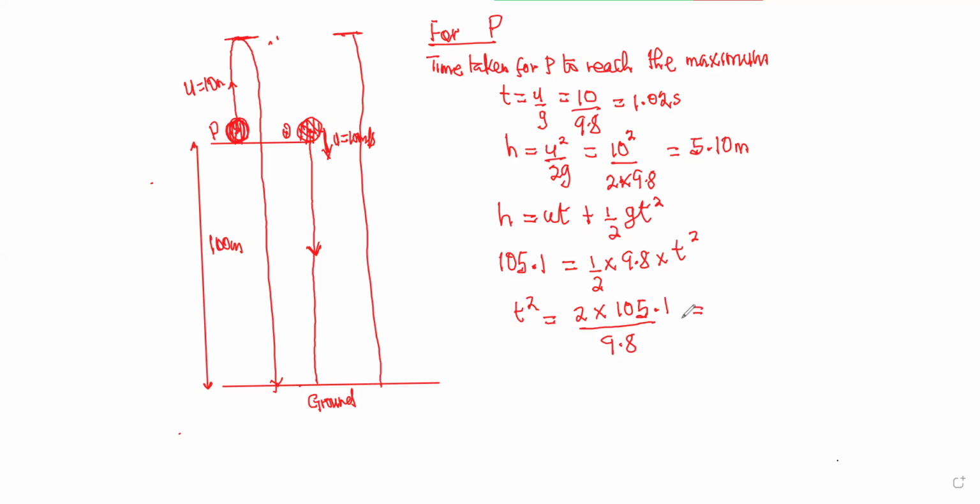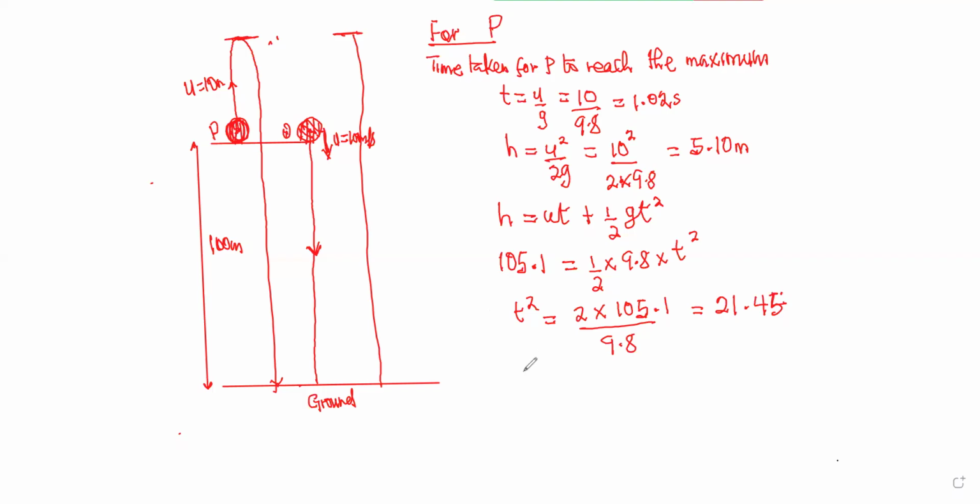2 times 105.1, then you divide that by 9.8, which is 21.45.